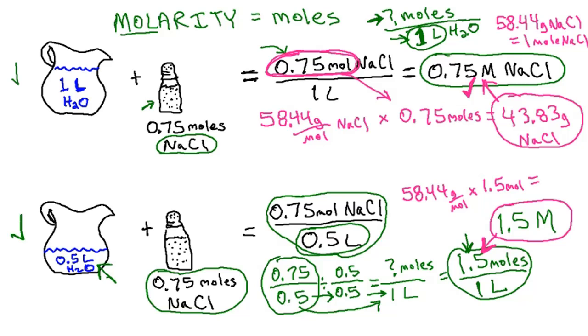And so 58.44 times 1.5 moles is 87.66 grams of sodium chloride in 1 liter of water at a molarity, a concentration, of 1.5.